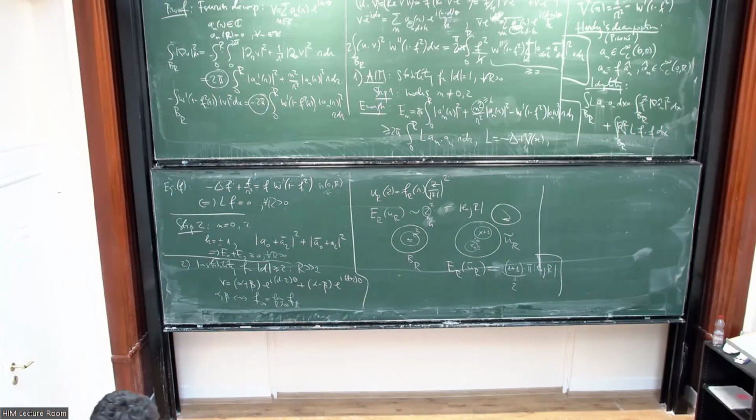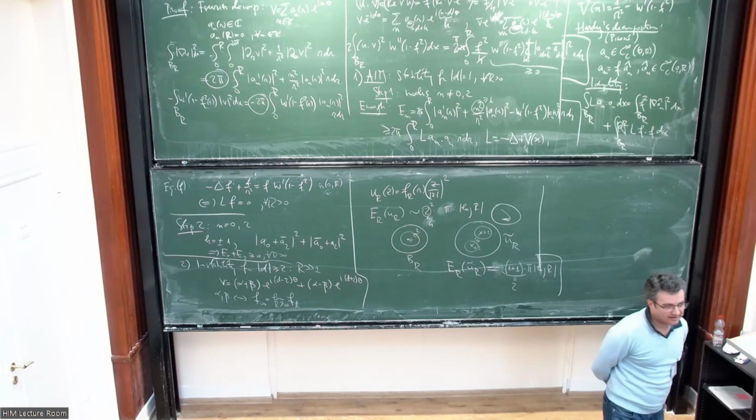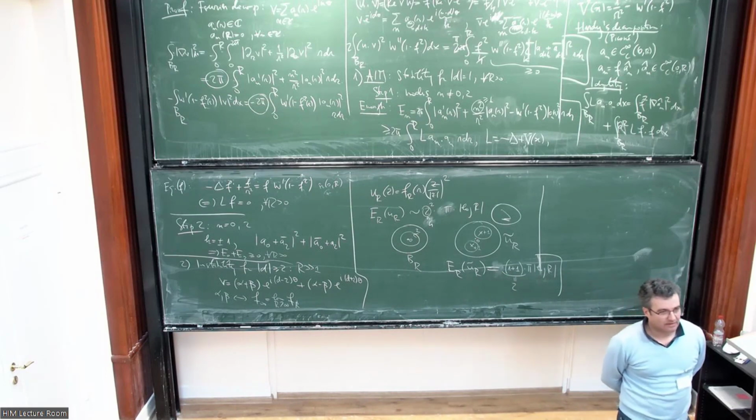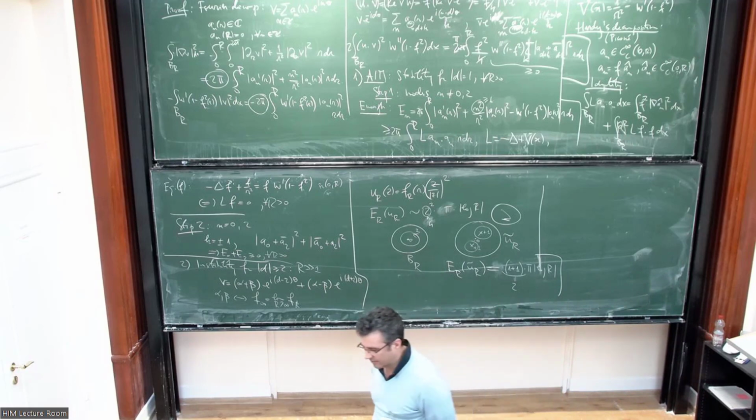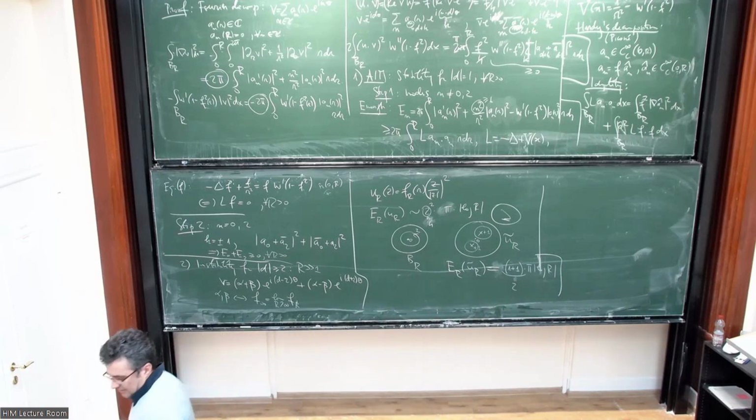How robust is this result to deforming from, say, a disk to an ellipse? For an ellipse, what's your S1 group? That's what I'm saying, you're breaking that symmetry. I don't know.